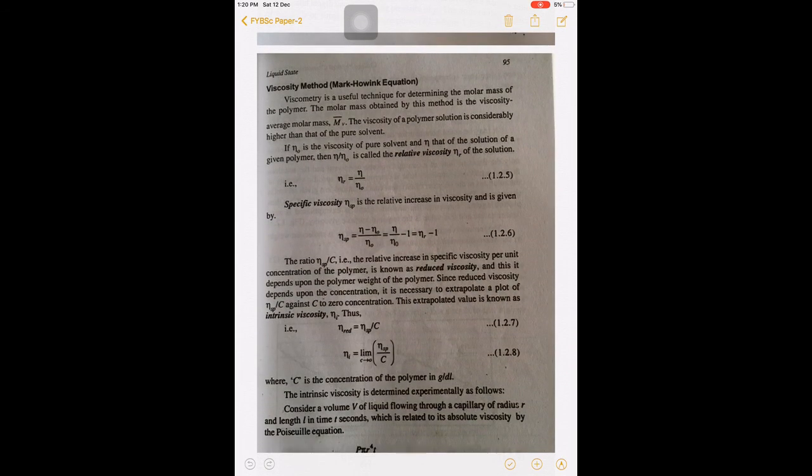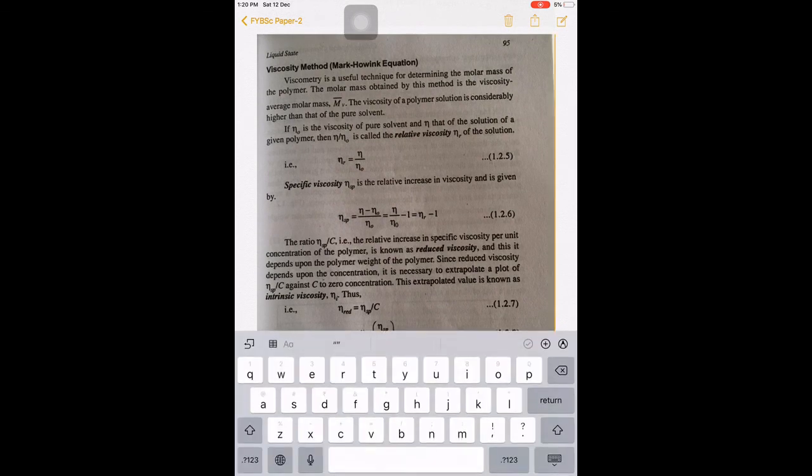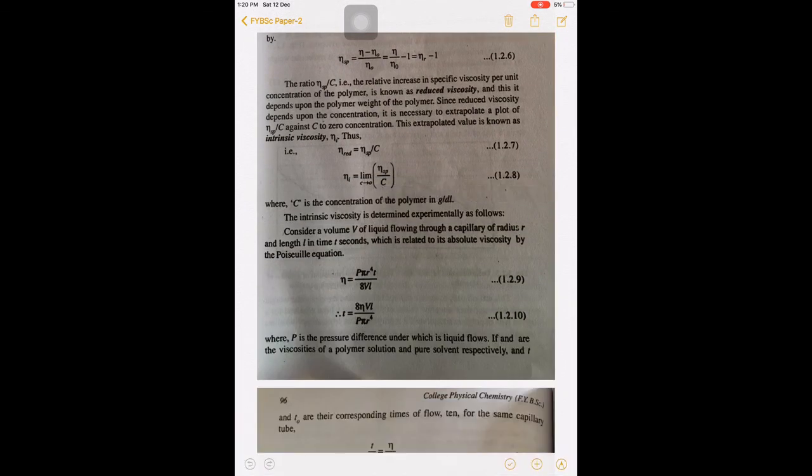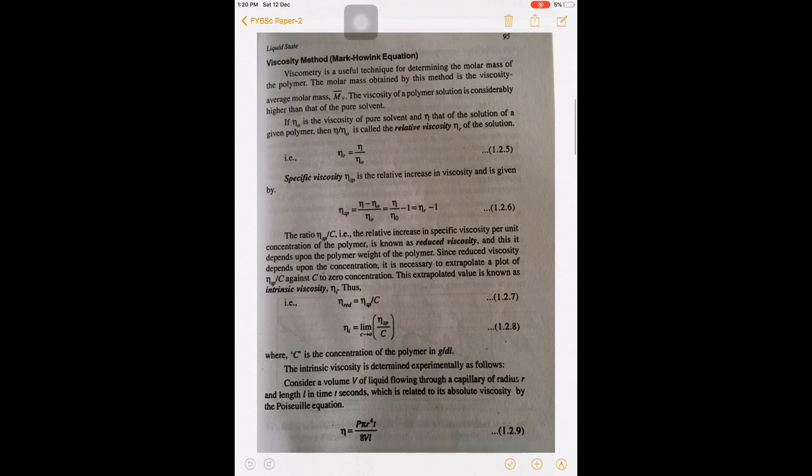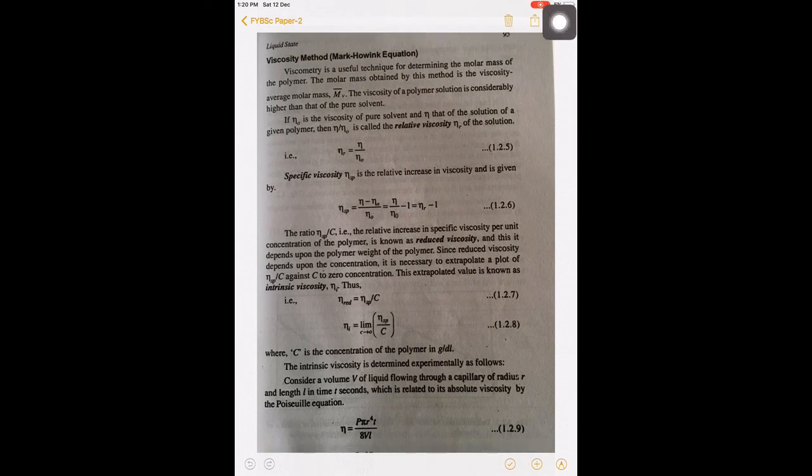There are different terms involved in viscosity. What is meant by the viscosity method? It is the Mark-Houwink equation. Now see here different definitions of this viscosity term.